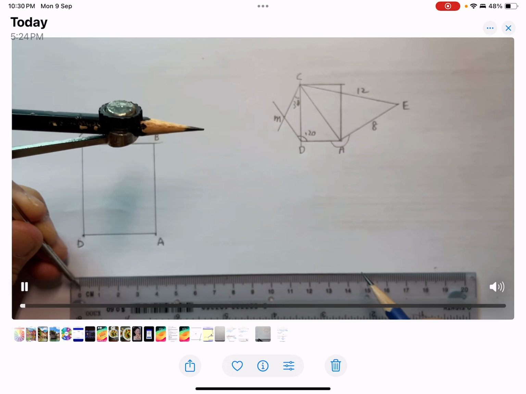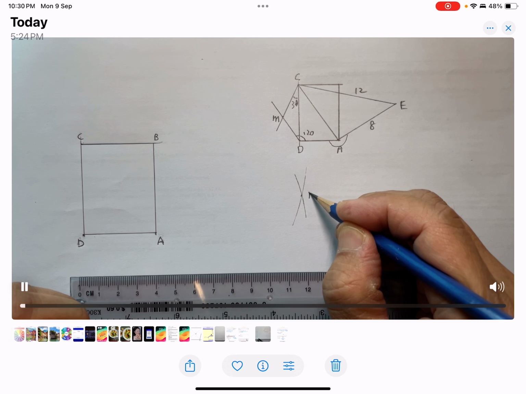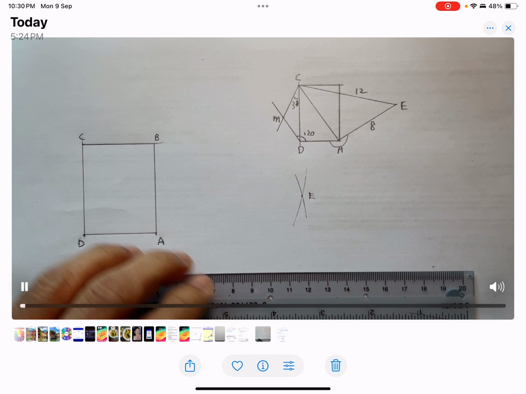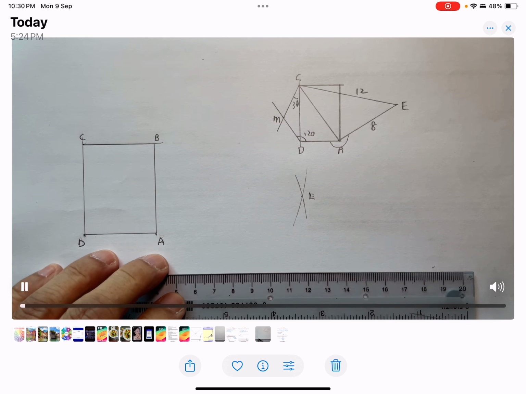Next, we take the measurement of 8 cm and put our point at A to mark off 8 cm from A. Where the two arcs cross is the point E. So now we join to get our triangle.